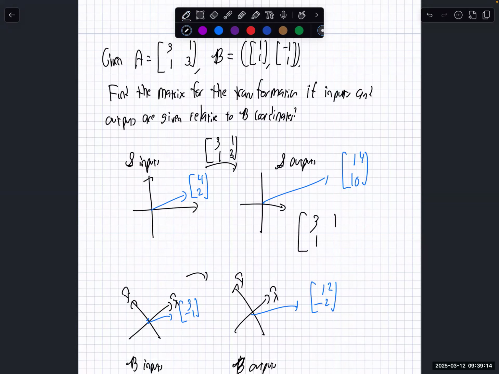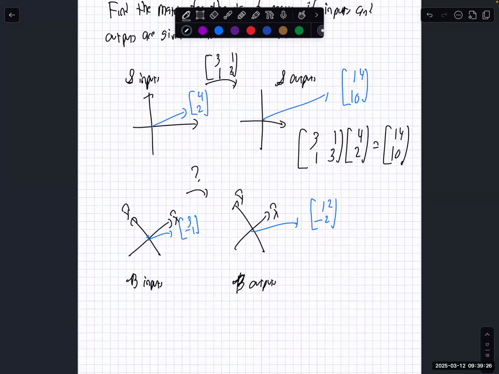So we've got a matrix that does the transformation when we're writing relative to S coordinates.